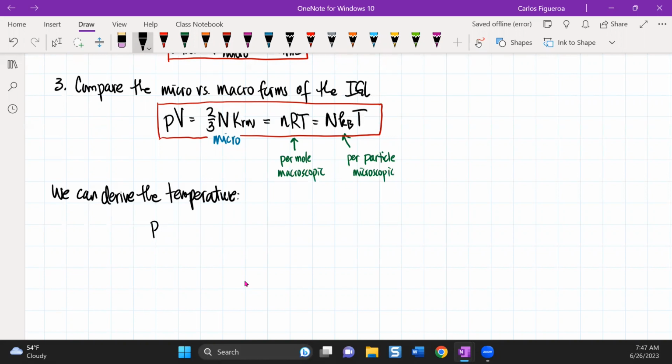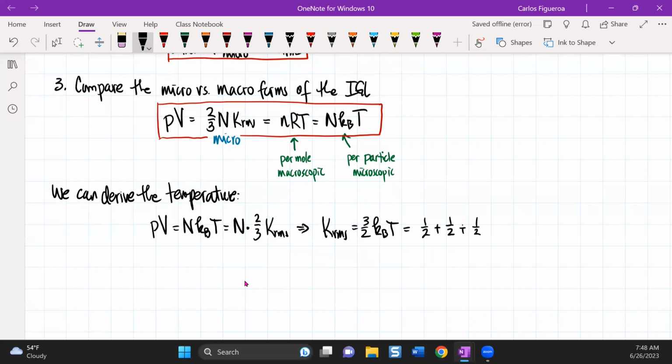So we see here that PV is going to equal N kBT, but then this is also N times 2/3 KRMS, which then tells me here that KRMS is equal to 3/2 kBT. So that means that there are really 3 1/2 terms.